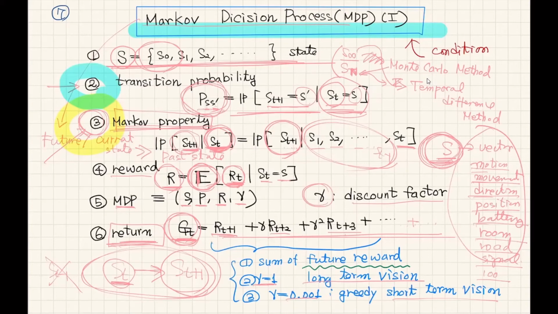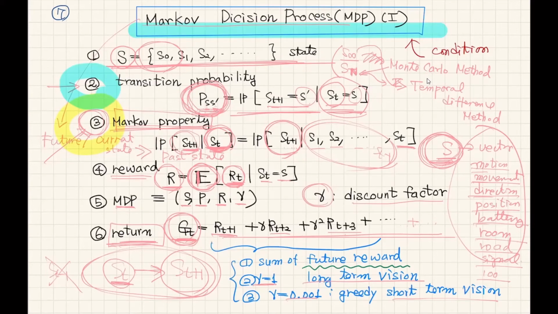We're going to use this probability again and again, because sometimes we know this probability, sometimes we don't know. So in some way, deep reinforcement learning is to find the transition probability from S to S dash to maximize the reward.